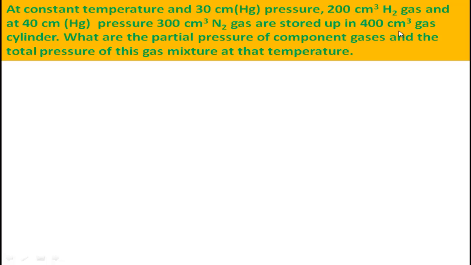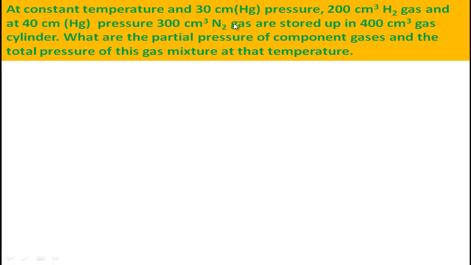It is very, very important in problems. You have to follow here: when separate vessels are just connected through opening the stopcock, in that case the total volume will be the sum of the vessels. They are different vessels, here 200 and 300 centimeter cube, so in that case the total volume should be 500 centimeter cube.